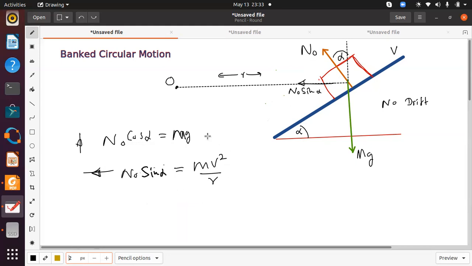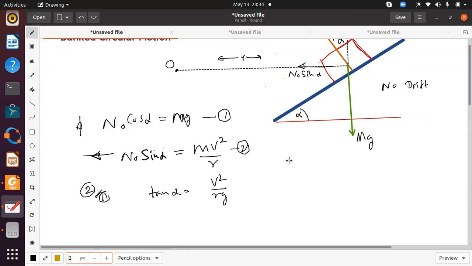If I divide these two, equation 2 divided by 1, will give me tan alpha equal to v squared over rg. We cannot change g, and for a specific design, r is constant, and alpha is also a design feature.